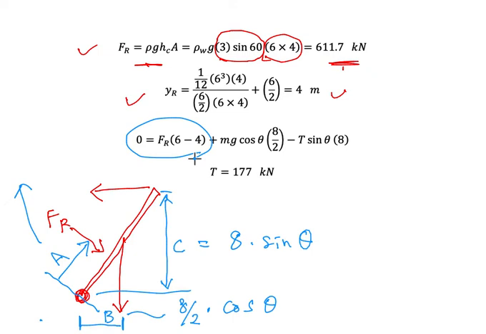Please bear in mind, if you have a weight here, the weight needs to act on the centroid of the object, whether it is submerged in water or not. The centroid to calculate the gravity will always remain the same point. And then if we calculate, we could get the value of T equal to 177 kilonewton.